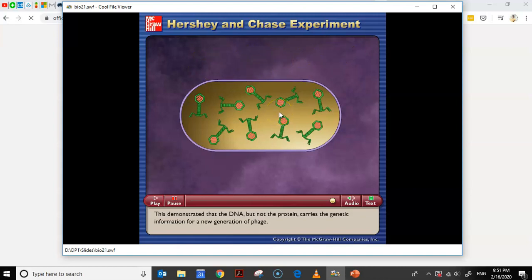But the DNA, which came inside, started to produce. So this means that the DNA is responsible for making the next generation of the phages. So that's why we are saying that it's the DNA which is related to genetic information, not the protein.